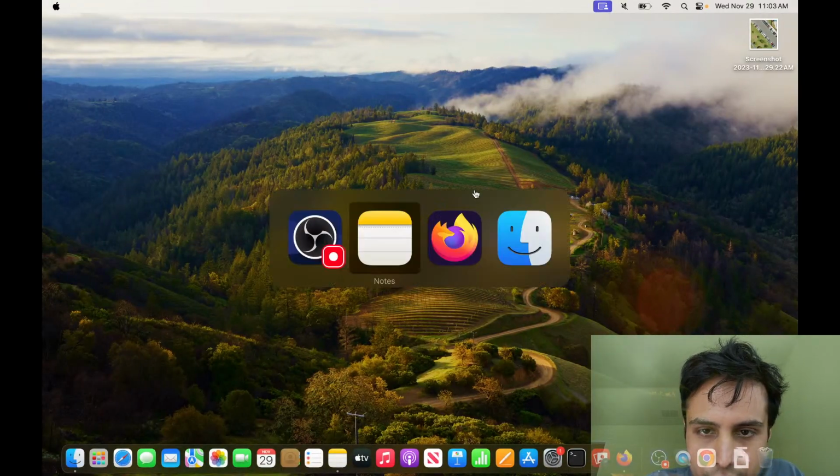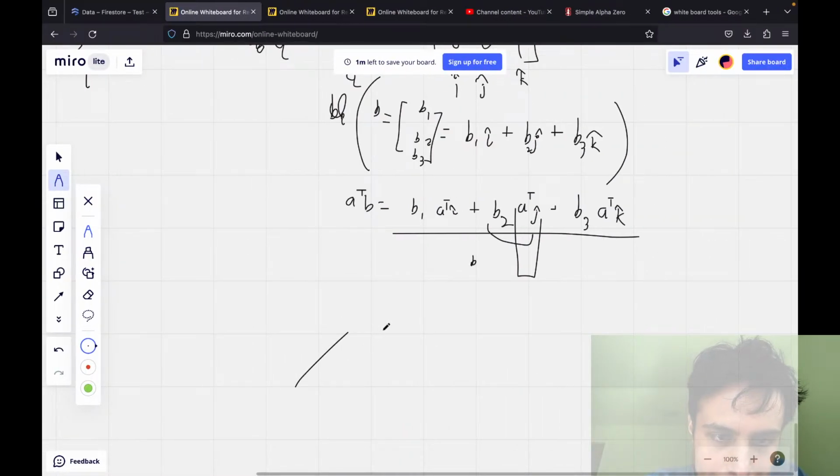If you have a, and that's your y, that could be your x, whatever, then the length of the projection of y onto a is the same as the length of the projection of a onto y, right?